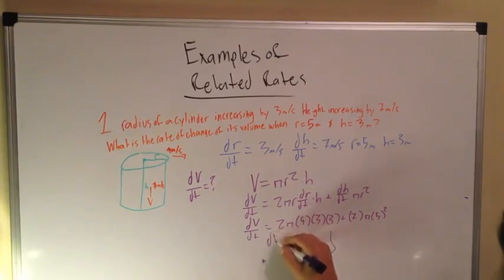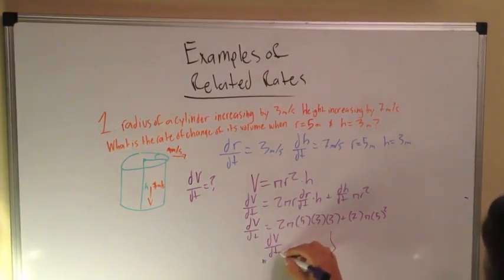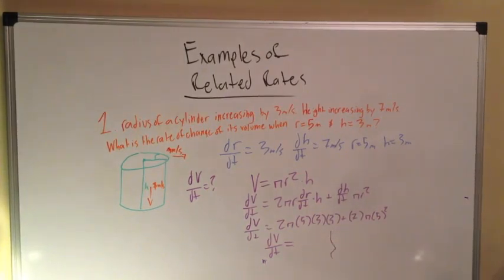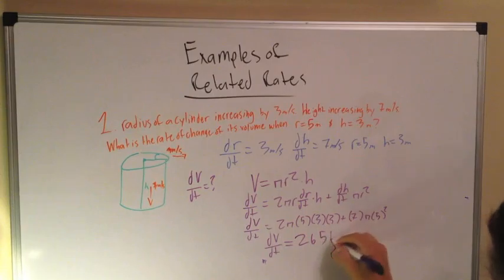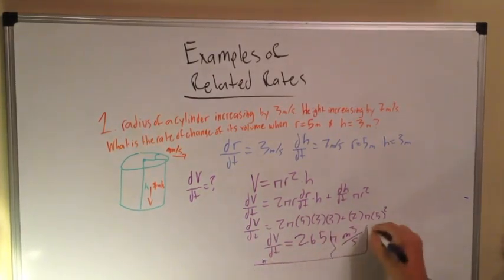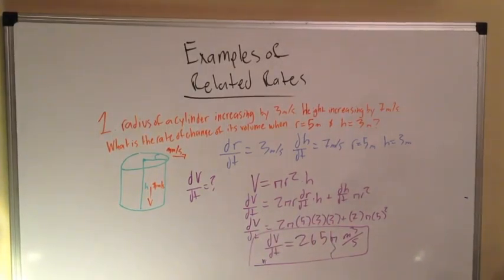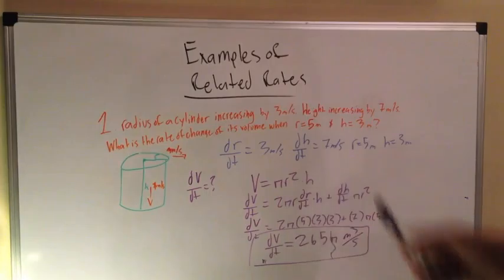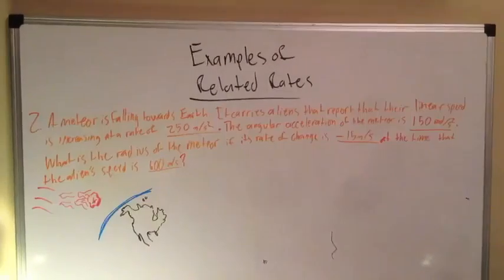And if you evaluate this, the answer of the problem is 265 pi meters cubed per second. So that is the rate of change of the volume of the cylinder at that exact particular instant when the radius equals 5 meters and the height equals 3 meters.